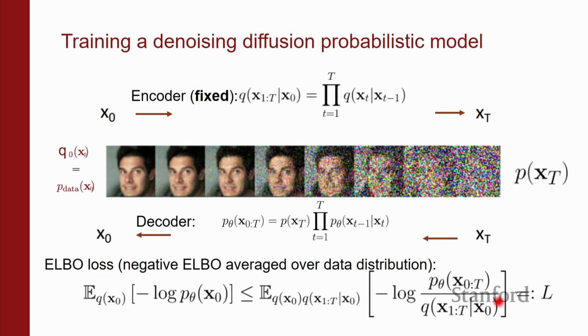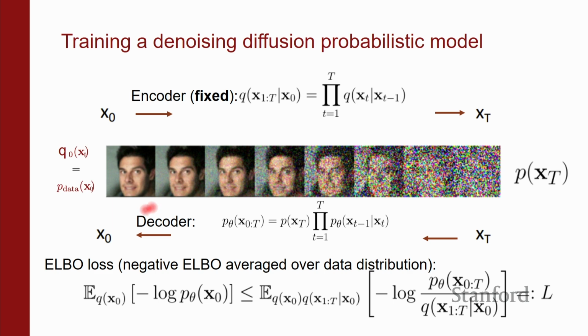And what would you plug in? Q is fixed. Q is just this product of Gaussians, which is this process of adding noise at every step. And p theta is the interesting bit. It is the distribution that you get by starting from some simple prior, like pure Gaussian noise, and then passing it through this sequence of neural networks that infer the parameters of some other Gaussian that you sample from to go through this sampling procedure.